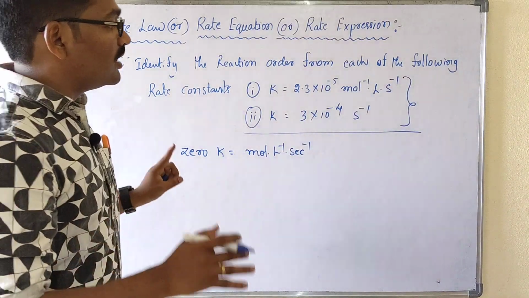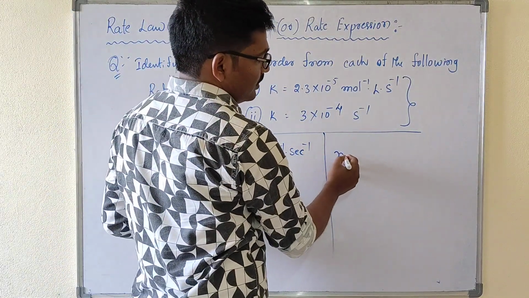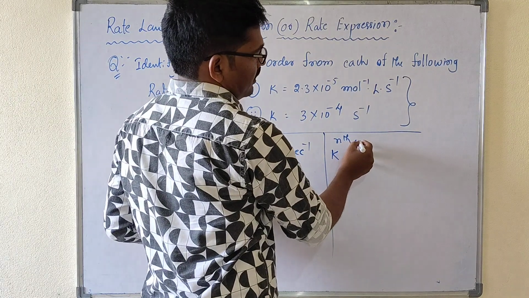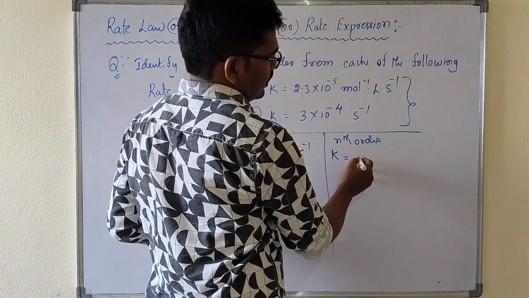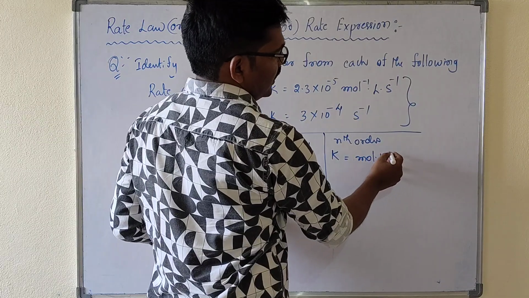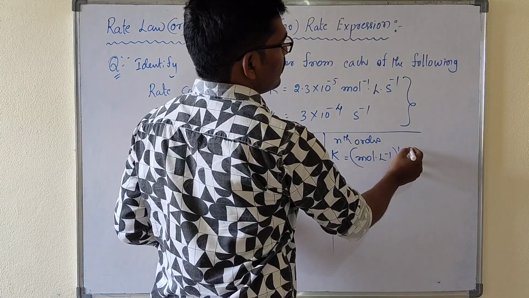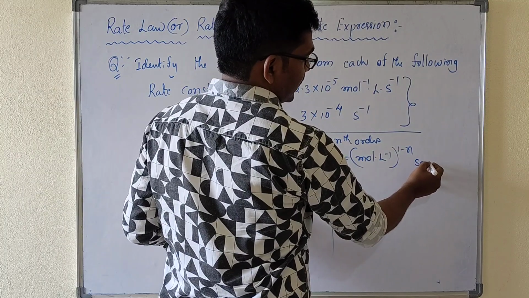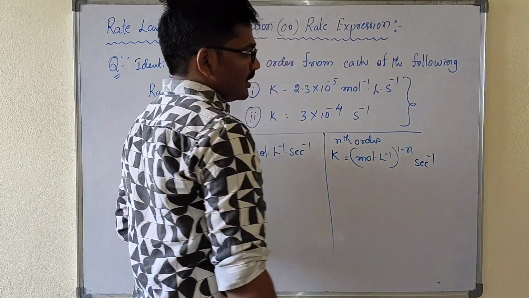So actually, what are the units for an nth order reaction? For the nth order, what are the units? k equals mole liter inverse whole to the power 1 minus n, then second inverse. Clear?